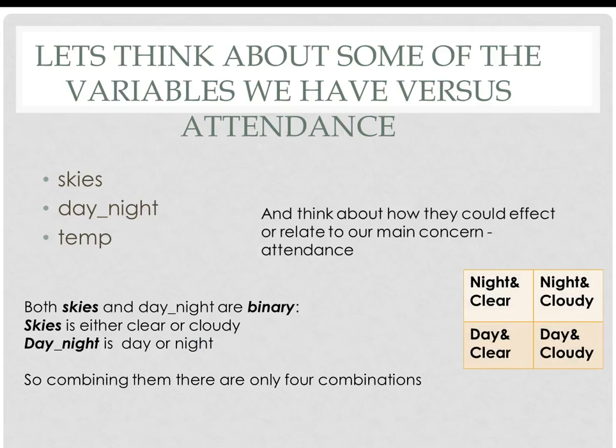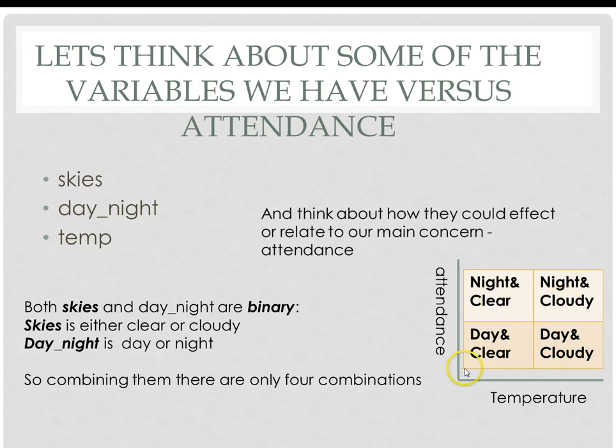So we have these 4 combinations, right? And then we also can do temperature along the x-axis and attendance along the y-axis. What we're going to do is, this is one situation, this is another situation, this is another situation, there's another situation.